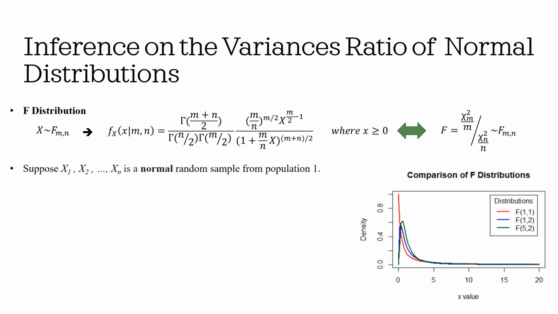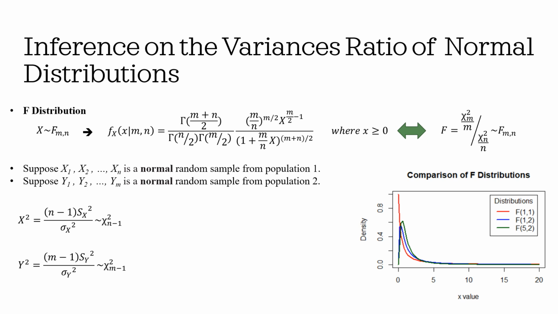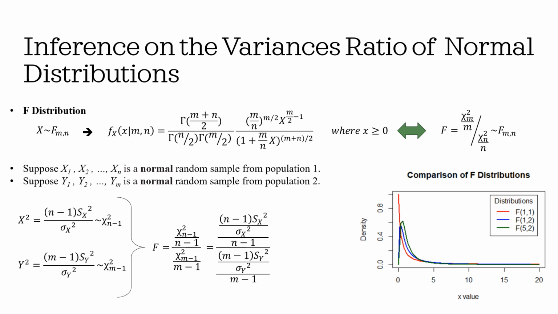If x1 to xn is a random normal sample from our first population and y1 to ym is our second random normal sample from a different population, we can define 2 different chi-squared distributions as follows. If we divide these chi-squared statistics by their degrees of freedom and find the ratio of these divisions, we will have an F statistic with n-1 and m-1 degrees of freedom.